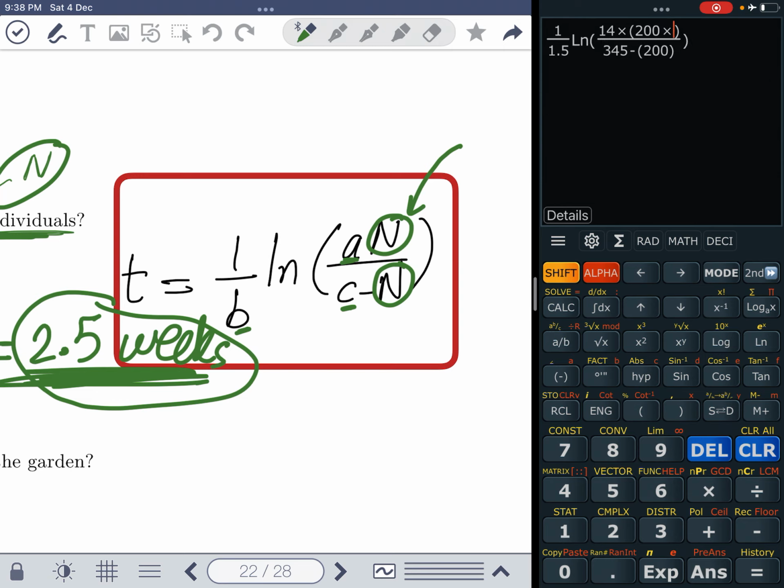To reach 260, that was the question, you will need 2.5 weeks. And notice, to reach the maximum, which is 345, you cannot even put it because the denominator will be 0, so it will be infinite. It's telling you that at time infinity I would reach 345. It's the maximum that I could ever reach.